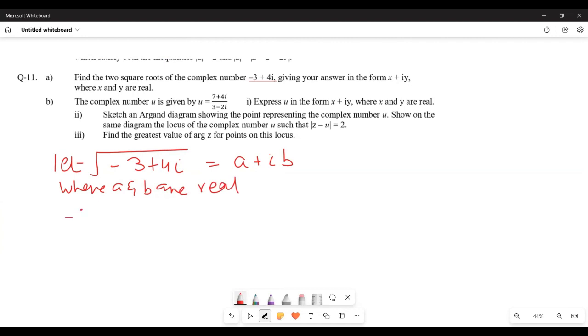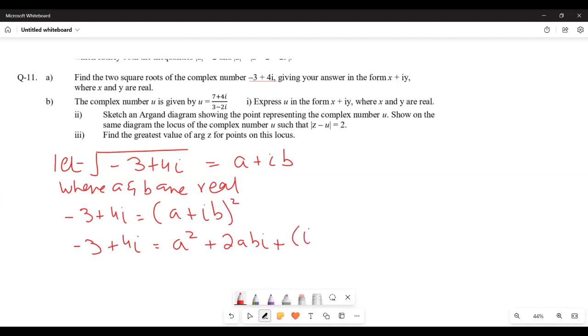So -3 plus 4 iota equals (a plus iota b) whole square. So it's going to be a square plus 2ab iota plus iota square b square.